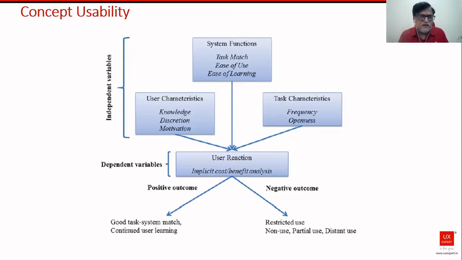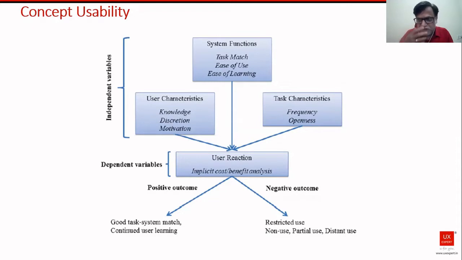Discretion. Suppose I have decided, no, I don't want to use Tally. Then what will you do? I don't want to use any particular technology. Then what will you do? You cannot force me as a user. So there is discretion. Motivation. Suppose I am highly motivated, then I will take extra effort and complete the task. If I'm not motivated, how will I do any task?